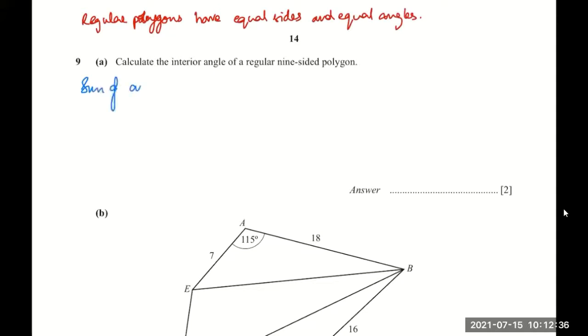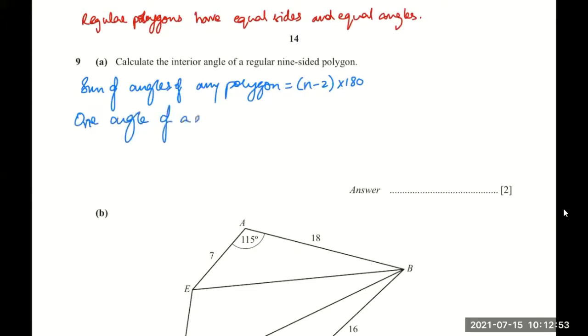Sum of angles of any polygon is n minus 2 into 180, and one angle of a regular polygon is n minus 2 into 180 divided by n.